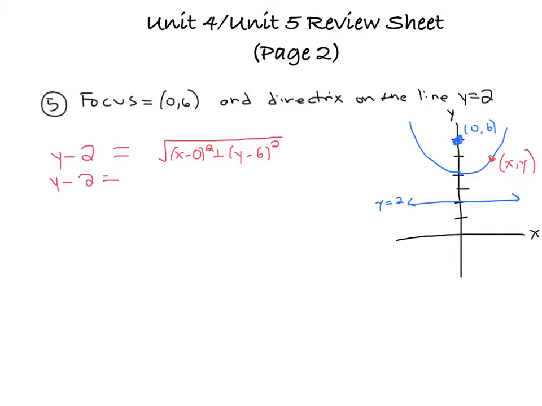Within the radical, we have x minus 0 squared. Well, x minus 0 is just x, so when you square that, we have x squared. And then plus y minus 6 squared is the same thing as y minus 6 times y minus 6. Again, let me bring the y minus 2 down, and under our radical we have x squared.